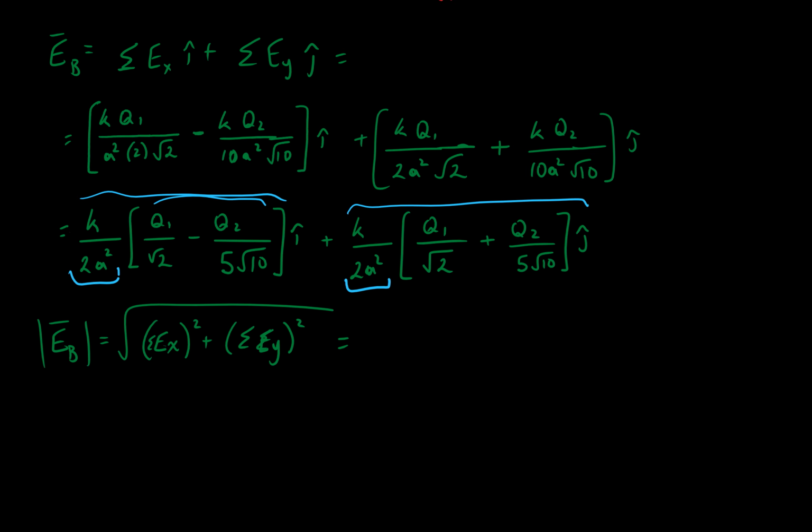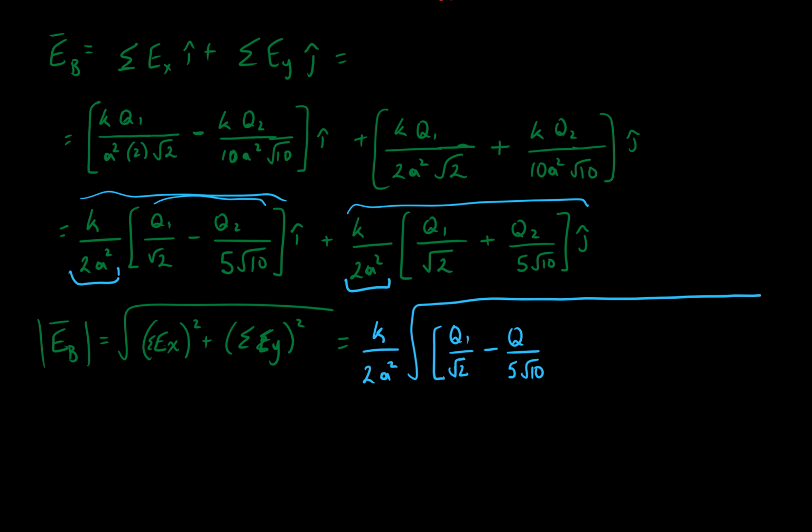So we can plug them in, and then you're going to see quickly, I'm just going to do this real fast, that you're going to get k over 2a squared multiplied by the square root of something very large, which is q1 over the square root of 2 minus q2 over 5 square root of 10 squared plus q1 over the square root of 2 plus q2 over 5 square root of 10 squared.